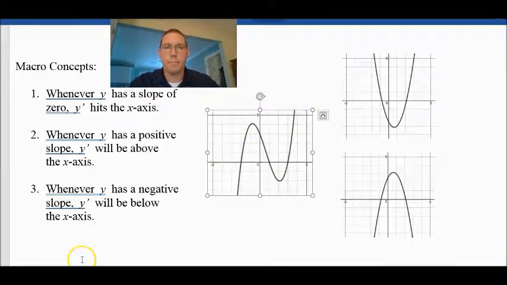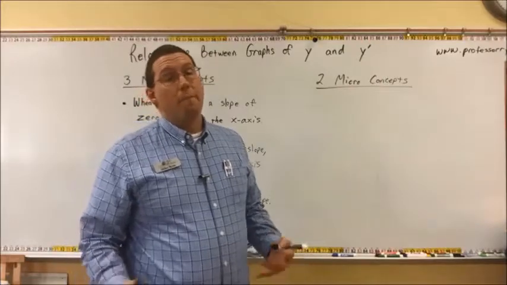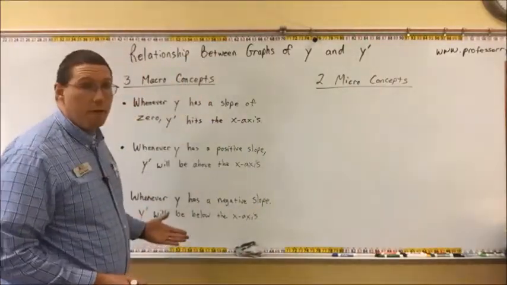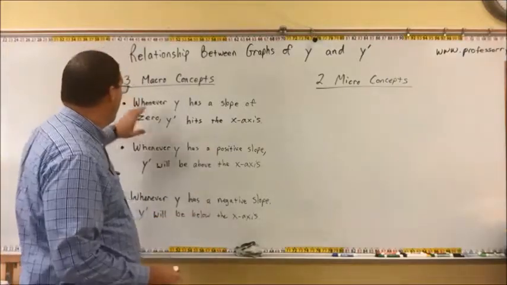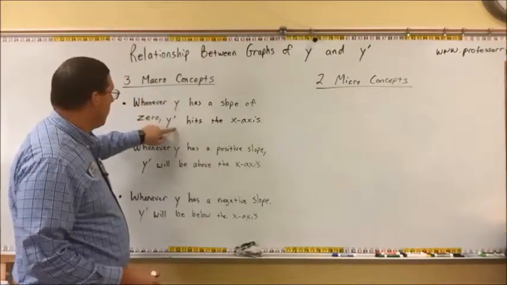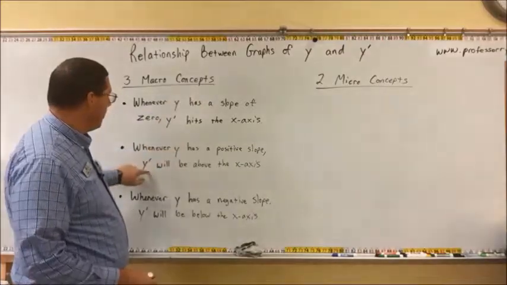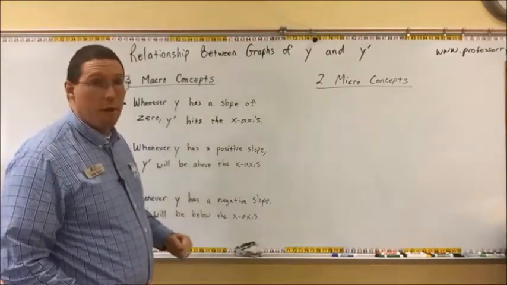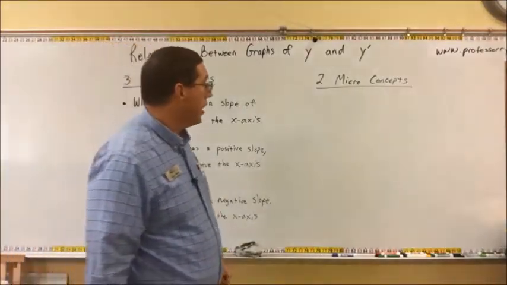Okay, so hopefully now you have a better understanding of these three macro concepts: the idea of when the derivative is 0, when the derivative is positive, and when the derivative is negative.